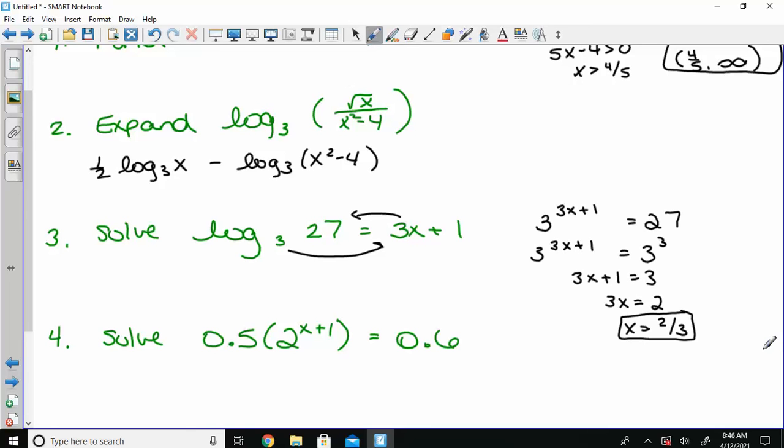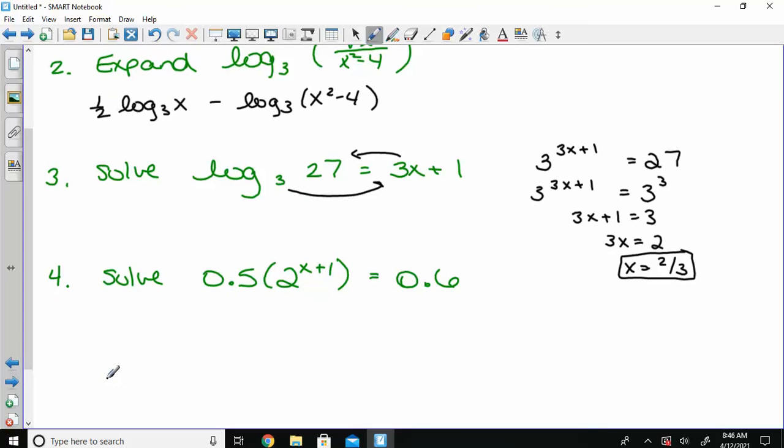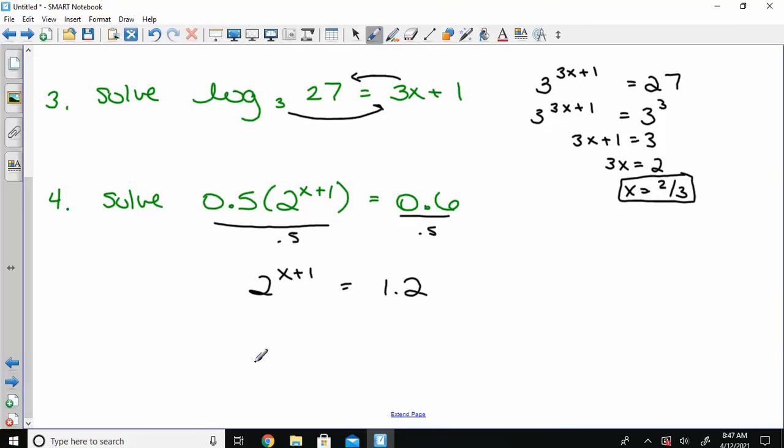Alright, last one. What do I have to do first here? Divide the 0.5. You can't multiply it, so if we divide our 0.5, we get 2, 3x plus 1 equals 0.6 over 0.5, or that's a 1.2 if you divide them. Then what? Add logs. Exponent comes down.